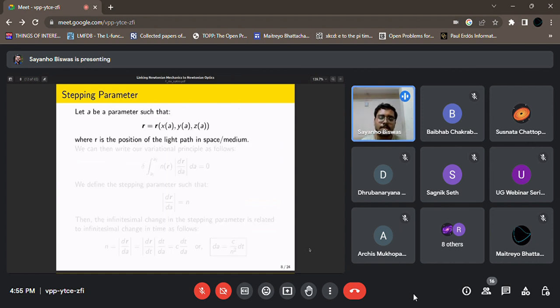Okay, so we know that any trajectory can be parameterized, right? For example, what is the parametric equation for a parabola? It is y equal to, I guess, 4ax square.